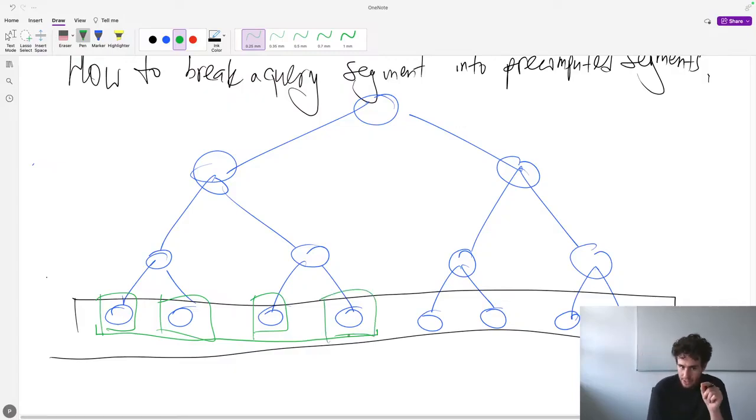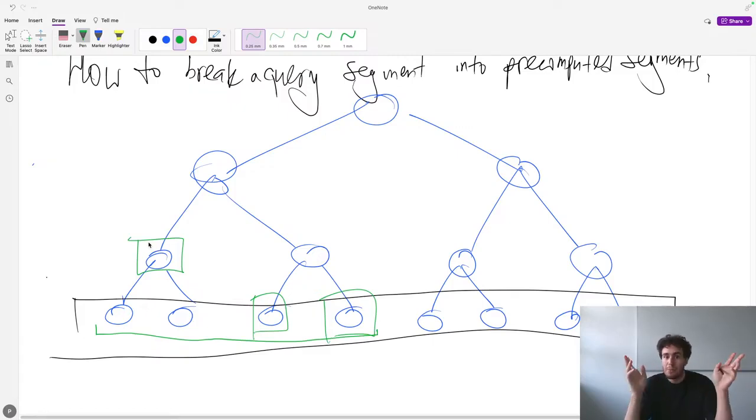But whenever you take 2 siblings, you can see that it's not optimal. If I take two siblings, what is the point of taking them if I can just remove them and instead take their parent? Because their parent contains exactly the sum or the minimum or whatever you store of the two children. And let's always apply this rule.